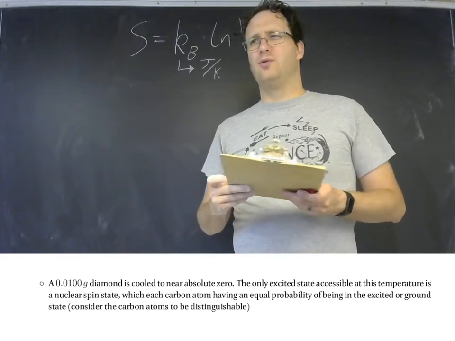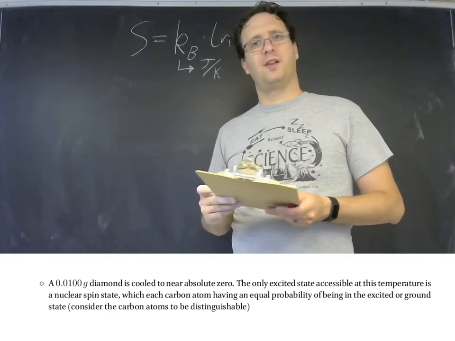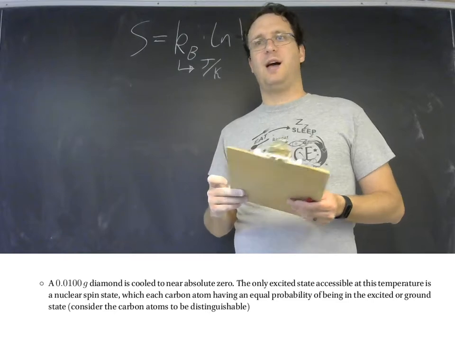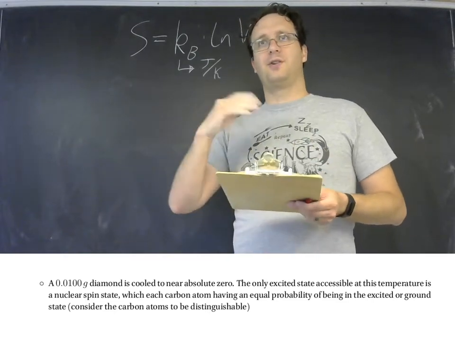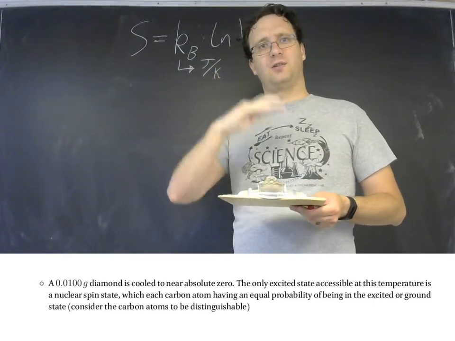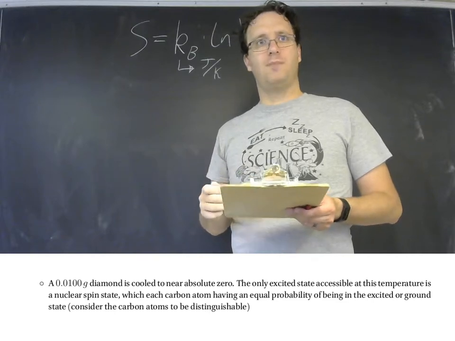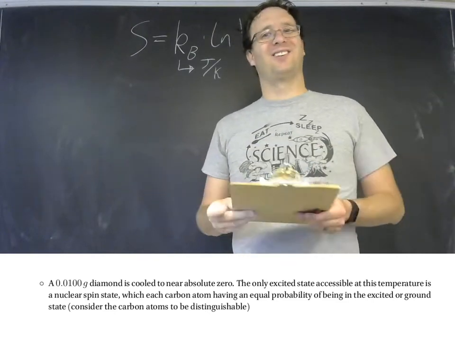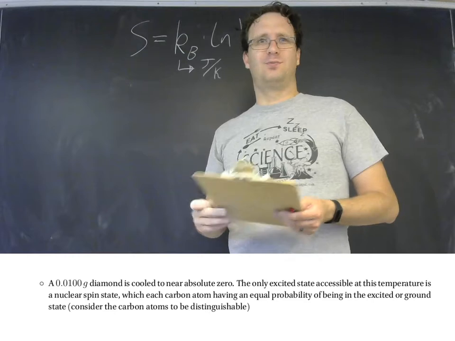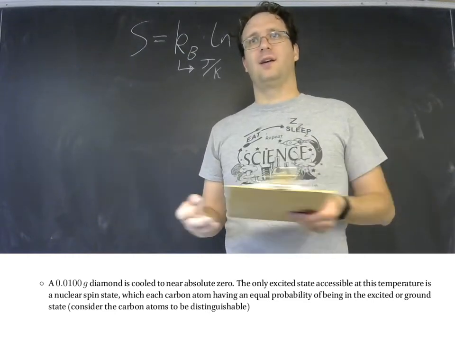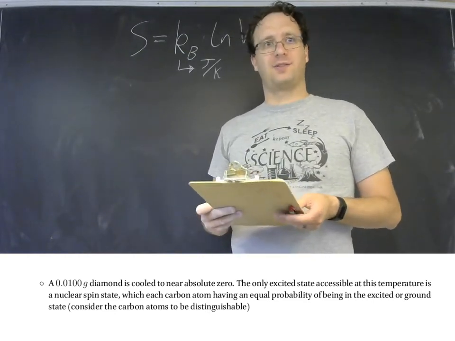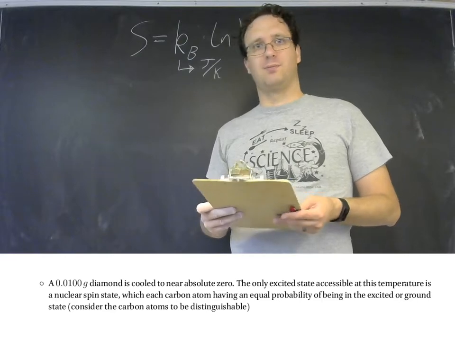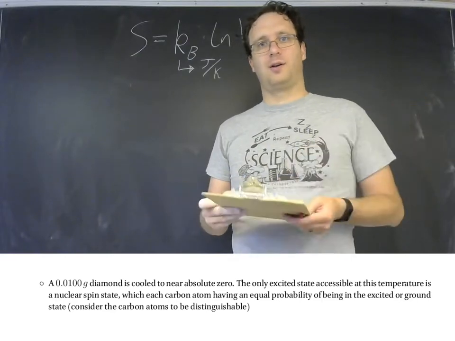Well, the nuclei also have energy levels. We don't learn about them in this class, and their energy differences are usually very, very, very small or very, very, very large. And so we don't encounter any interesting or important effects from nuclear spin states in most of our chemistry reactions.